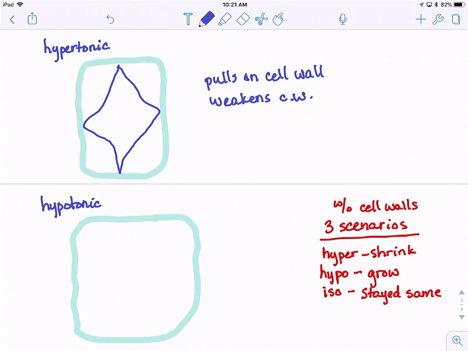So water is coming into the cell. That cell membrane hugs up against the cell wall, pushes against the cell wall, and gives it strength.